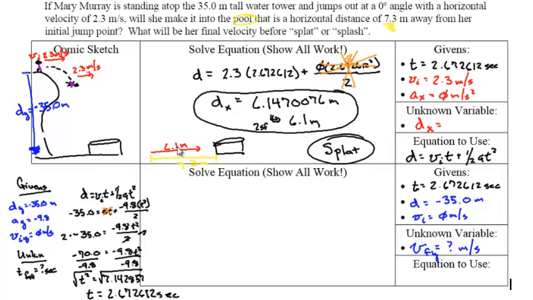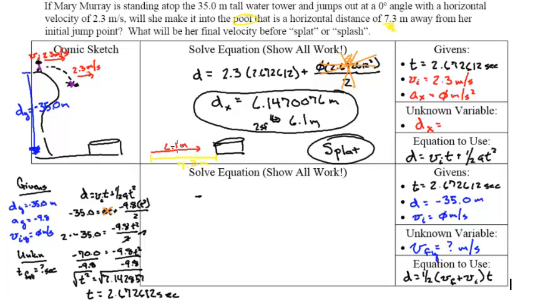Now this one's a little bit different. It's not my standard formula. I want to talk about velocity final, distance, velocity initial, and time. So I'm going to use distance equals 1/2 velocity final plus velocity initial, times time.